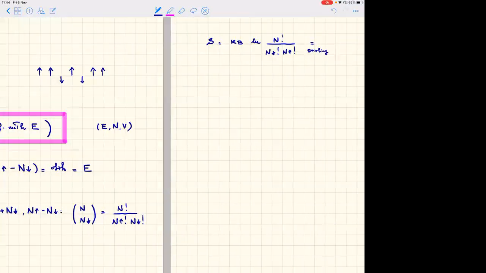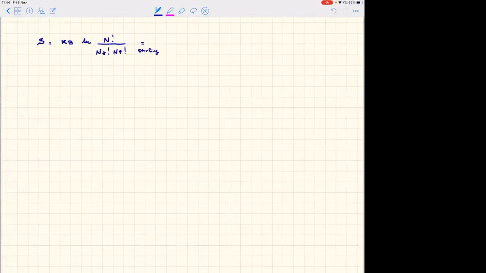Assume that the energy is not too close to these boundaries, in which case both n down and n up are large and scale in a certain way towards the thermodynamic limit. Then I can use the Stirling approximation to obtain that this is k Boltzmann times n log n minus n up log n up minus n down log n down.